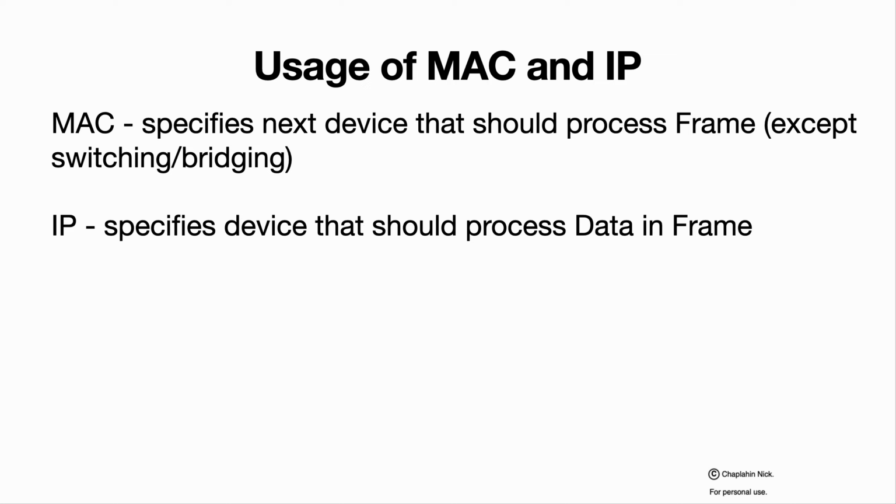If we simplify, the MAC address specifies the next device that should process the Ethernet frame, except for switching and bridging, and the IP address specifies the device that should process the data in the Ethernet frame.